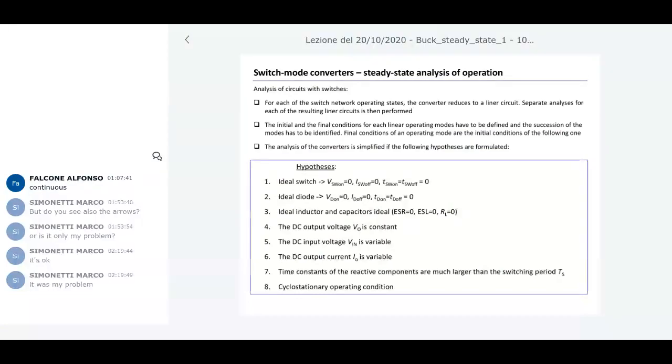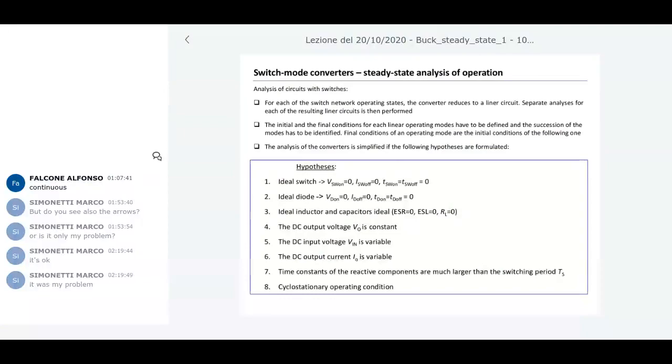The second thing you have to consider is to identify well the succession of the different states. So what is the method of analysis of this circuit? You have a nonlinear circuit, but you know that the switches can have two states: switch on, diode off, and switch off, diode on.